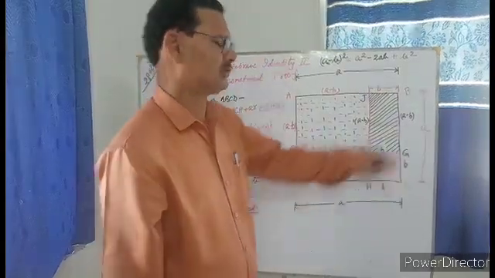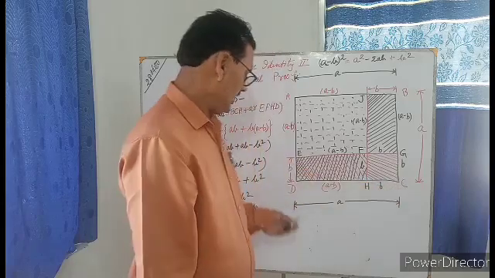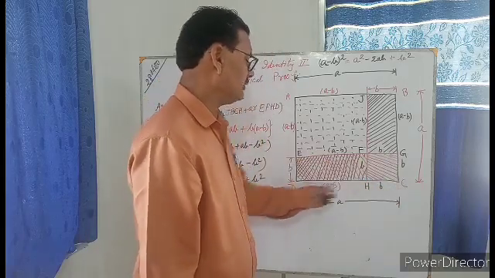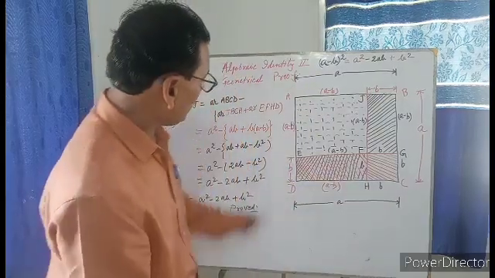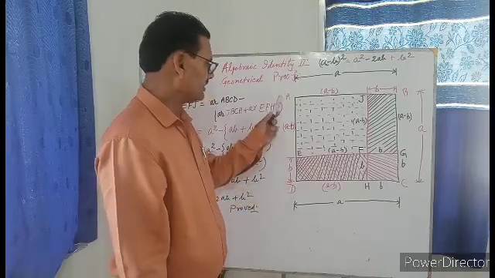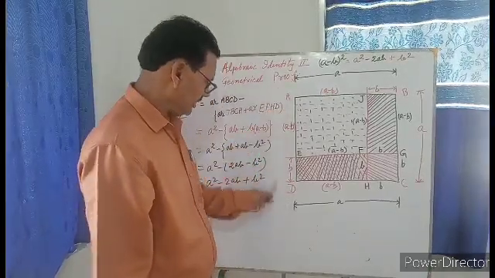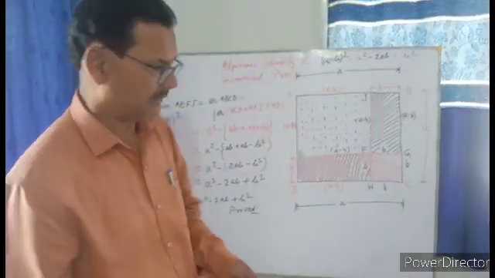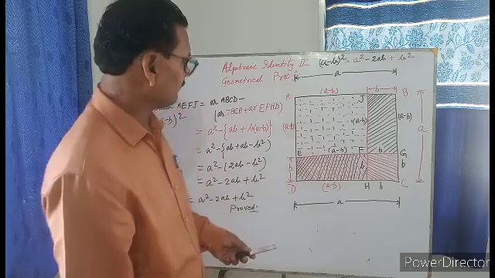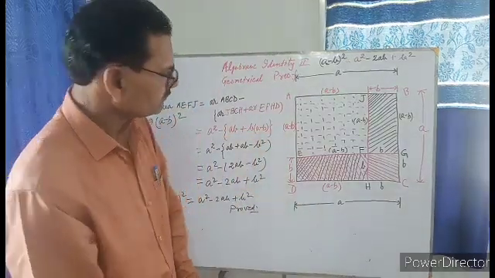Since ABCD is a square, AB is parallel to DC, and EG is also parallel to DC or AB. Now what is the length left here? AE. Total AD is a unit, the side of the square ABCD, and DE is equal to b unit. Therefore AE is equal to a − b unit.